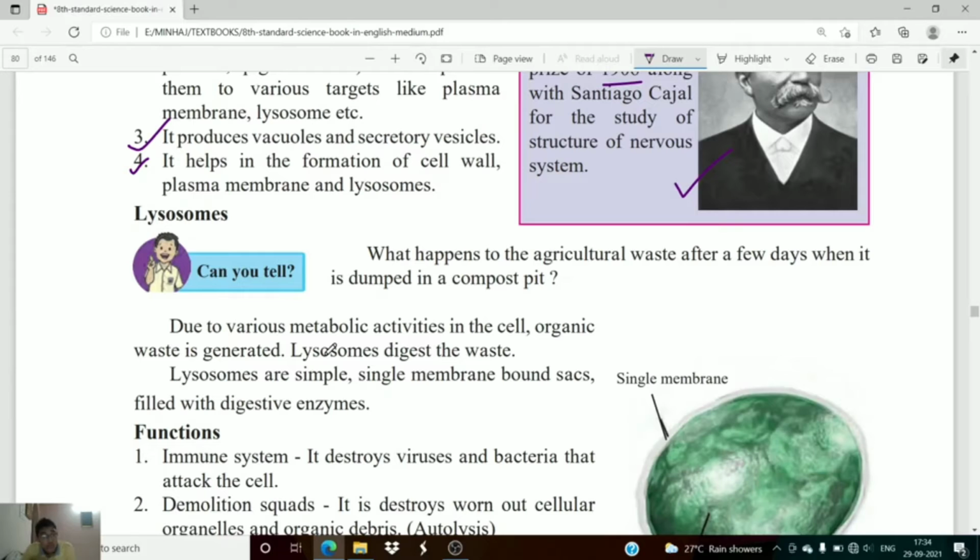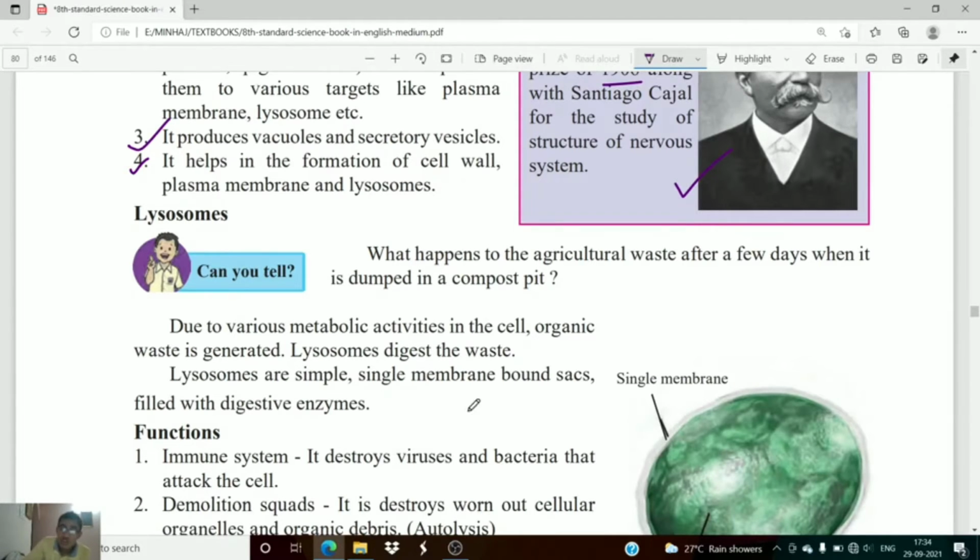The function of the lysosome is that it is going to digest that waste. Lysosomes are simple single membrane bound sacs filled with digestive enzymes. These digestive enzymes digest the organic waste generated due to metabolic activities performed within the cell.